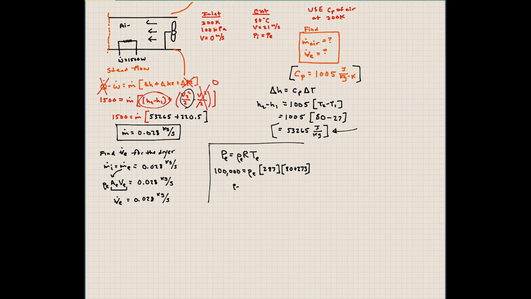So the density of the air at the exit is 0.9871 kilograms per meter cubed. We plug it in here, and our volumetric flow rate at the exit comes out to be 0.0284 meters cubed per second. Okay, so that's your final answer.